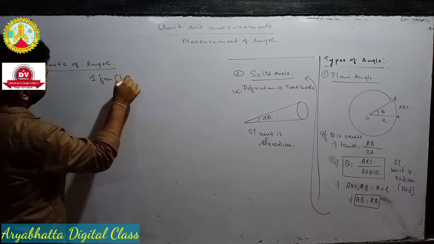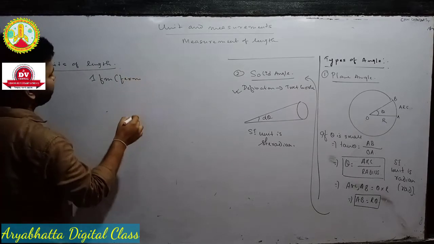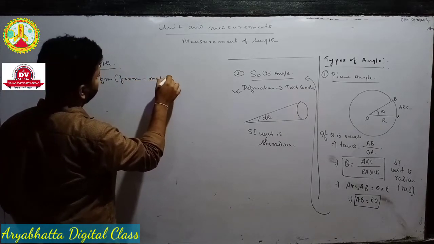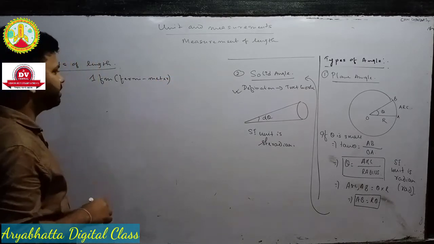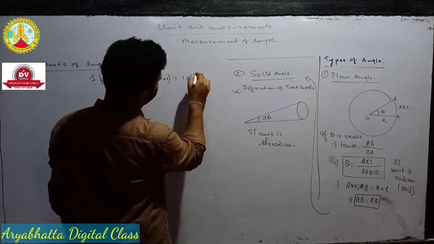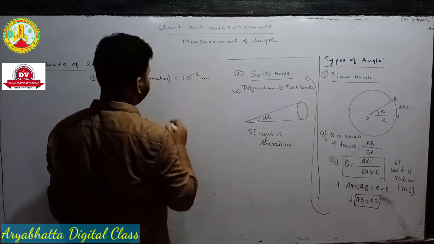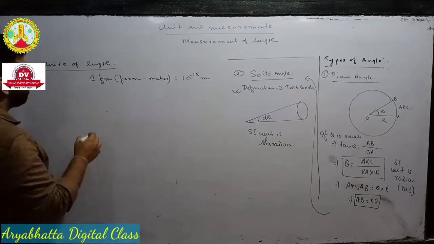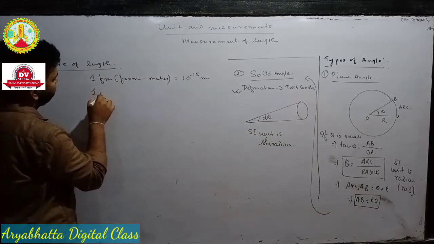FM means Fermi meter. 1 Fermi meter is equal to 10 to the power minus 15 meter.